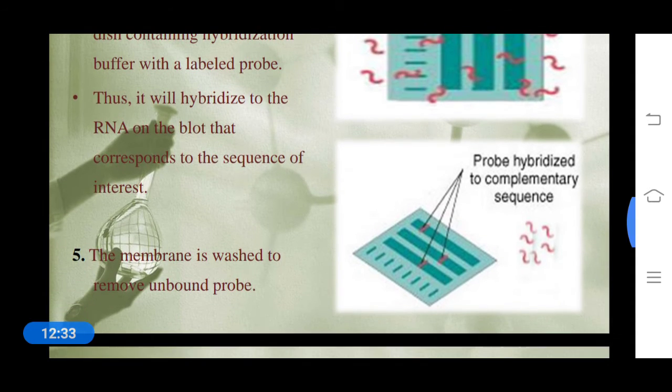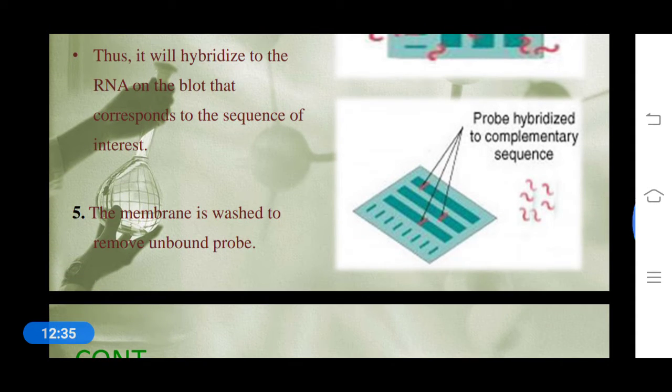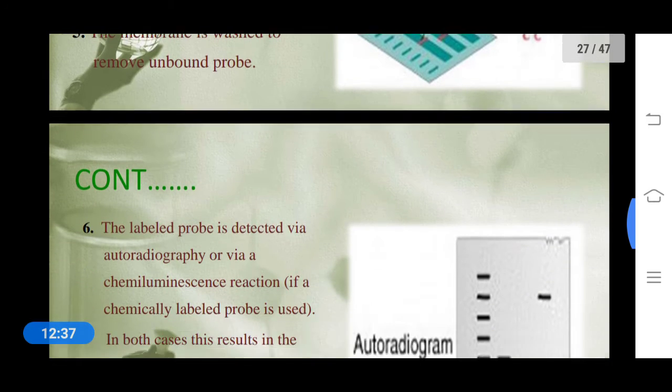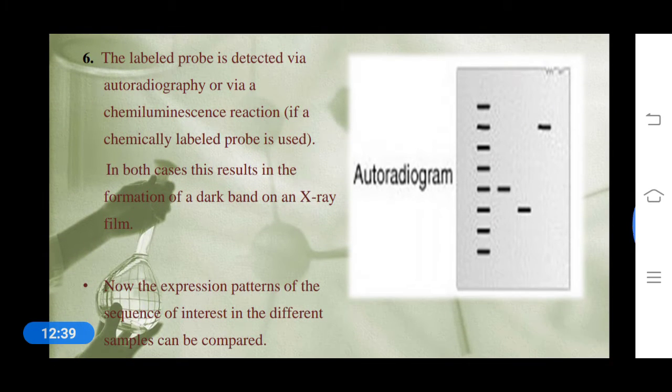Hybridization occurs, and we should wash off the excess probe and go for the autoradiography process. Okay, here not only radio labeled probes can be detected, chemiluminescence reactions can also be detected, which can also be helpful in identification of this RNA using autoradiography.